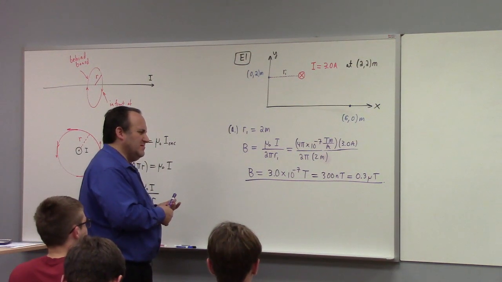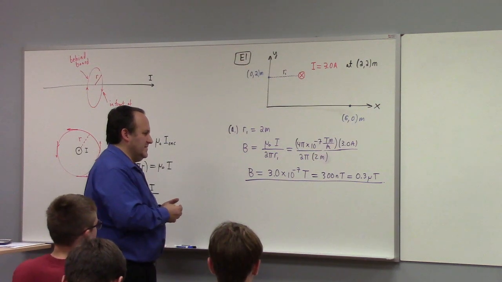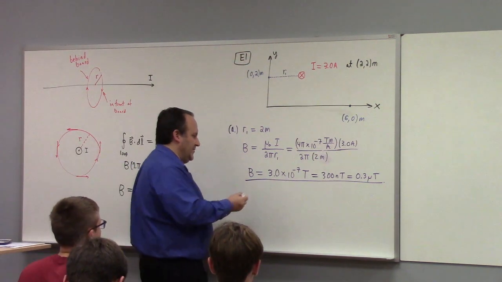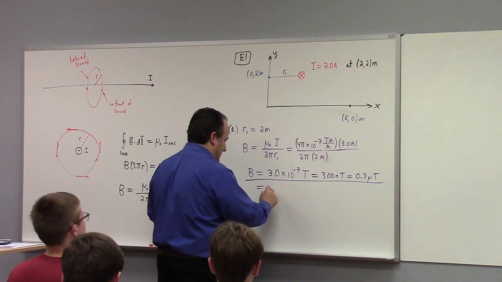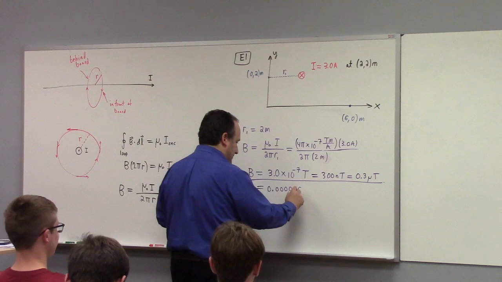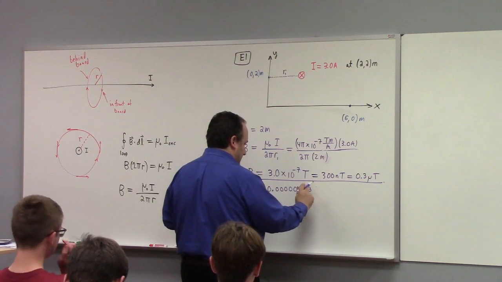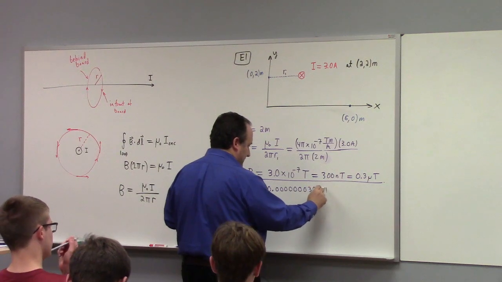I think 30? Wait, no. We need to go 2 more decimal places. I think it's 300. I could write it out. Here's the dumbest way to write our answer: 0, 0, 0, 0, 0, 3, 0, 0 Teslas.